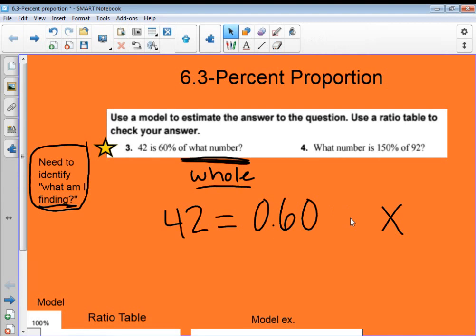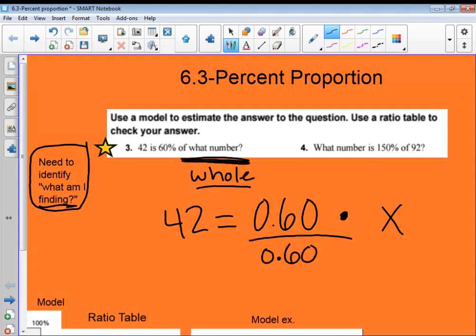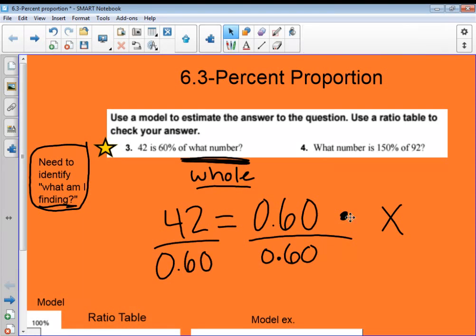I guess I could just put times X. So then what I do, to get my unknown alone, is divide by my decimal on both sides. And that will give me 42 divided by 0.60. So my whole should be 70.